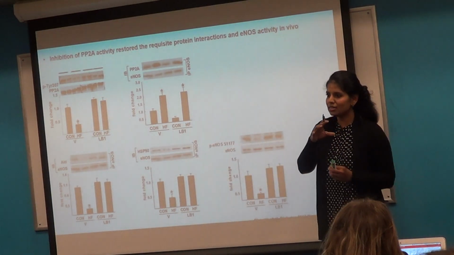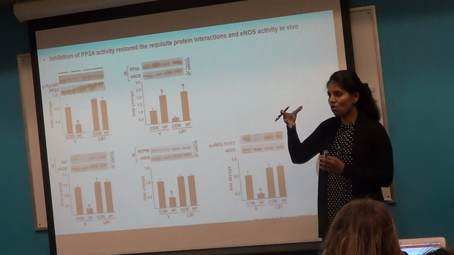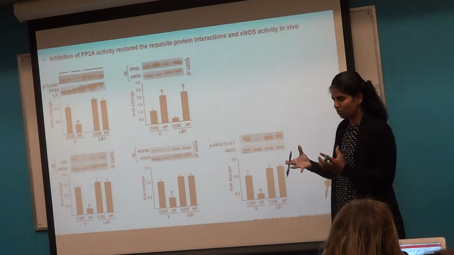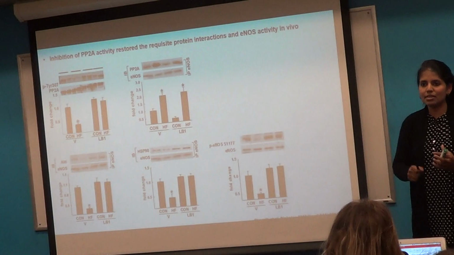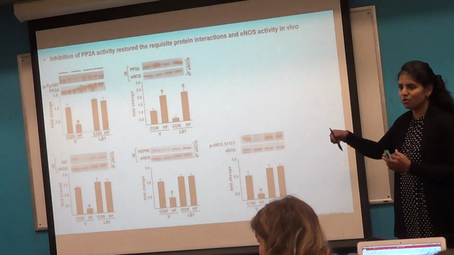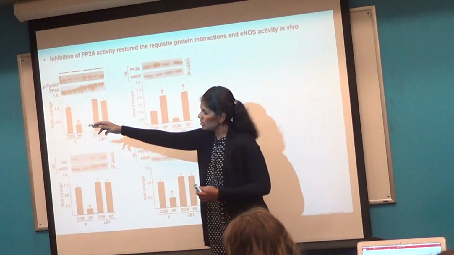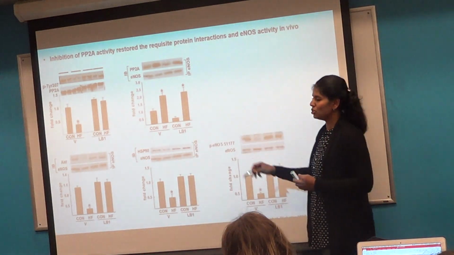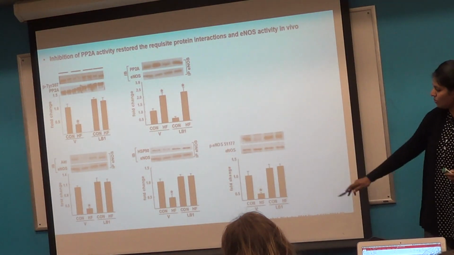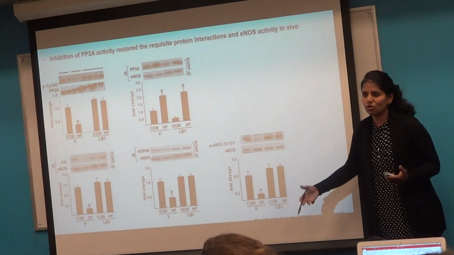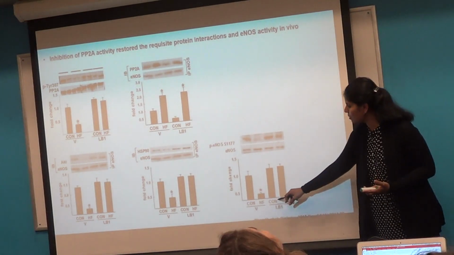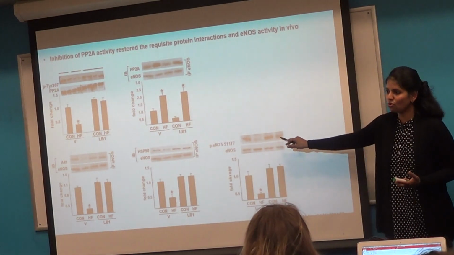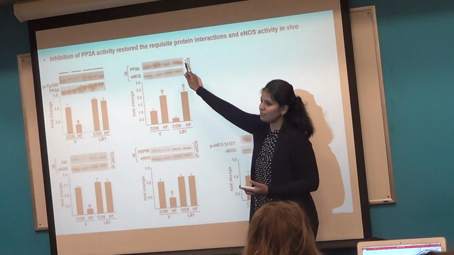We have less AKT, more PP2A sitting there. So that's dephosphorylating AKT and preventing HSP90 from attaching. So that whole interaction is messed up because of PP2A. And again, eNOS phosphorylation is low. When you treat with LB1, eNOS phosphorylation is restored in spite of PP2A sitting there.